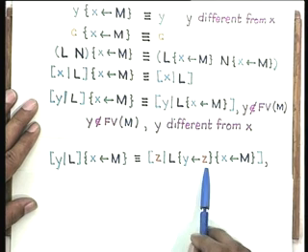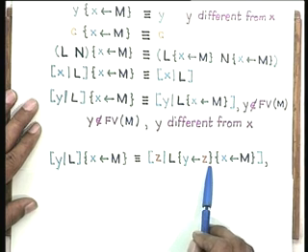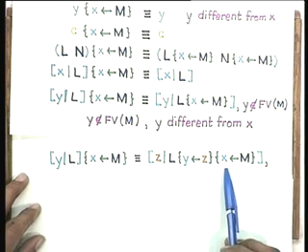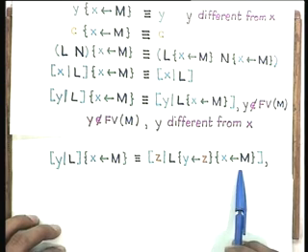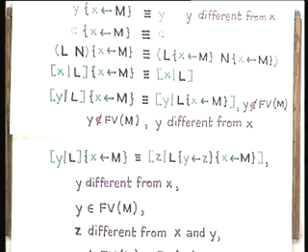So, I get a new term, let us say L prime, and now I do not have any problem. I replace all free occurrences of x in this new term by M, and I can do this provided z does not occur free in M. That is why I am saying take z completely fresh.